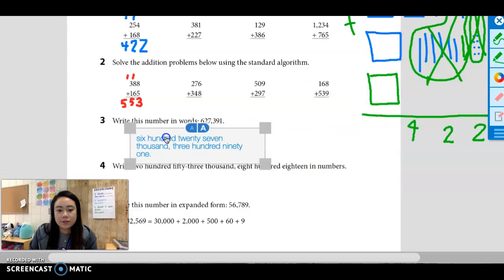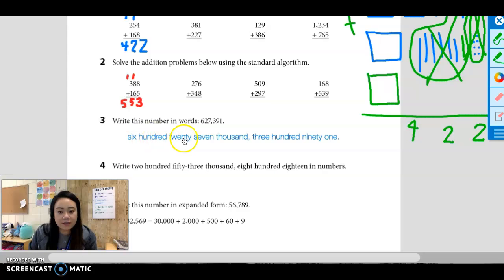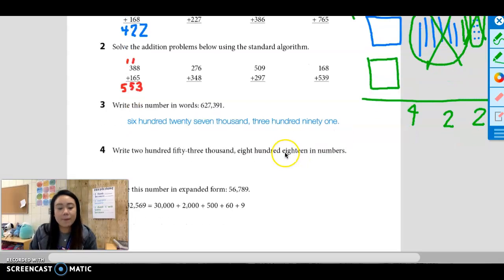Bam. Done. Gonna make it smaller and drag it there. All right, that's how you write that. Let's check. 627,391. Done. Bam. Boom.